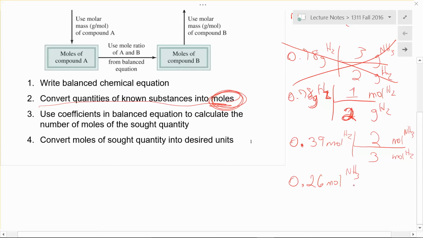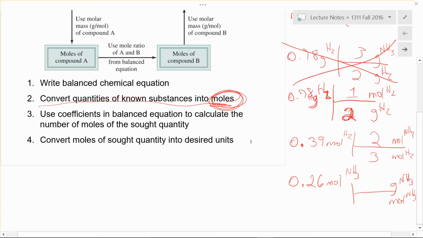And from there you can convert back to grams, if that's what they're asking. Now, if they say, what are the moles of NH3, you stop there. If they say, what are the grams of NH3, then yes. Now, because I am in moles of NH3, I can convert to the grams of NH3 from the moles of NH3. Okay?